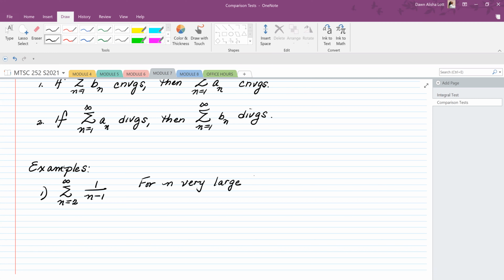So I can say that this series kind of starts to look like 1 over n if n is very large. So it kind of looks like the harmonic series. So my guess for comparing would be the harmonic series. Can we compare to the harmonic series?